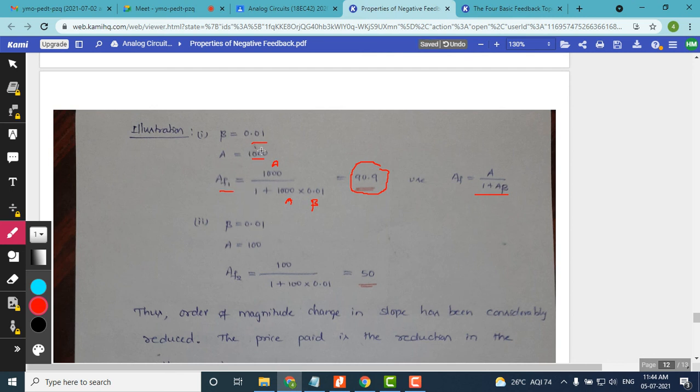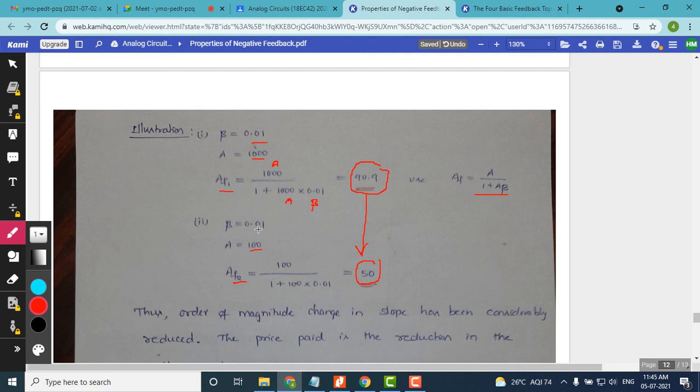So, here you can see the basic amplifier gain is 1000, and then the basic amplifier gain is 100, and now you can see that AF2, the gain with feedback, has decreased compared to this value. So, you can see 90.9 has reduced to 50 here. Okay, but you can see the basic amplifier gain has been reduced from 1000 to 100.